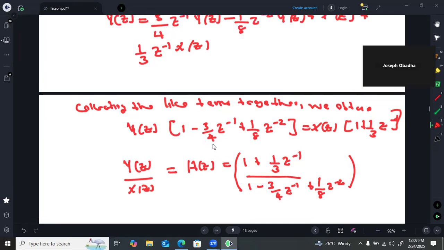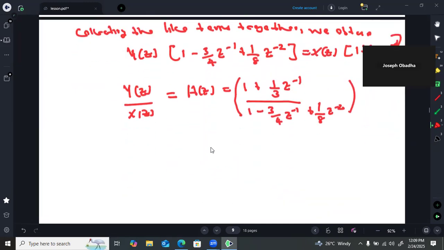So how do we go ahead and split this so that we have two functions that we can implement in cascade? What we need to do, if we have a fraction like this, is factorize the denominator. This is really not getting the partial fraction form, because what we want to do is very close to what we had in the direct form 2 implementation, where if we multiply two functions, we get the other one.